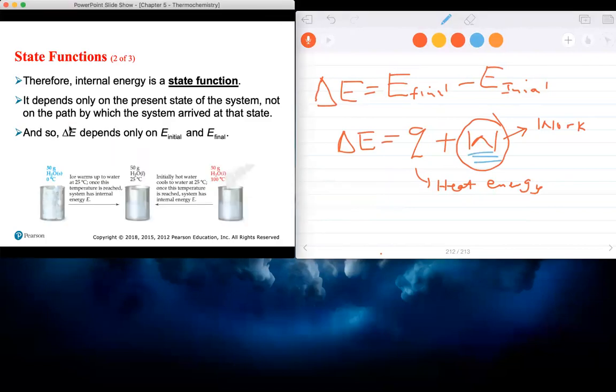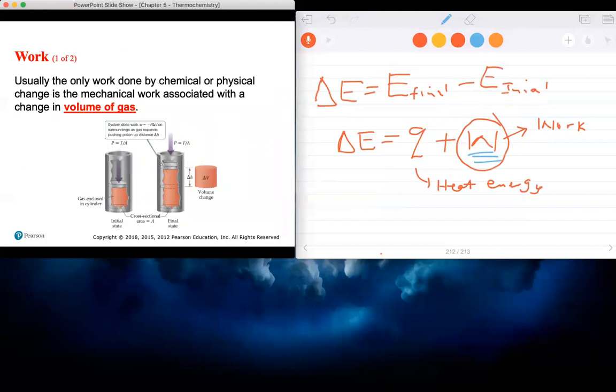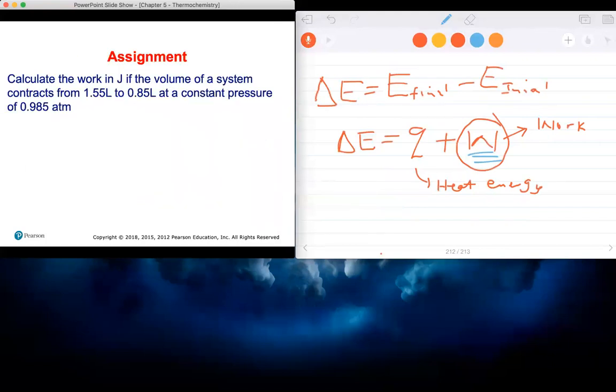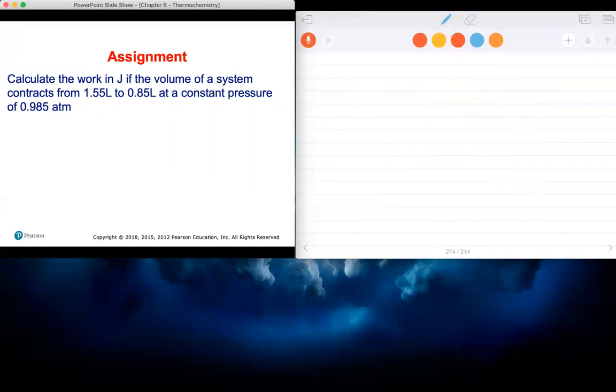There was an equation we solved on work: calculate the work in joules if the volume of a system contracts from 1.55 liters to 0.85 liters at a constant pressure of 0.985. At the outset, W is determined using the equation here.